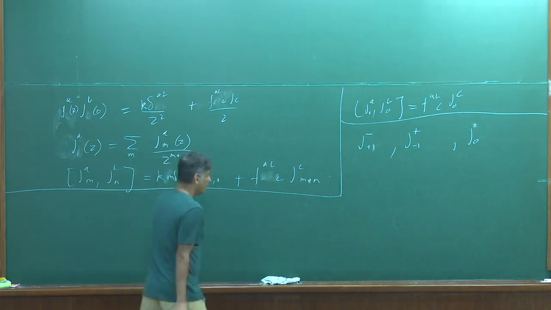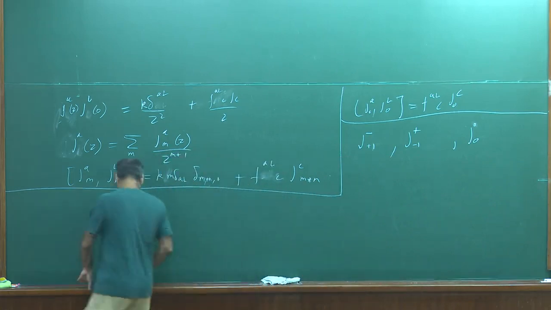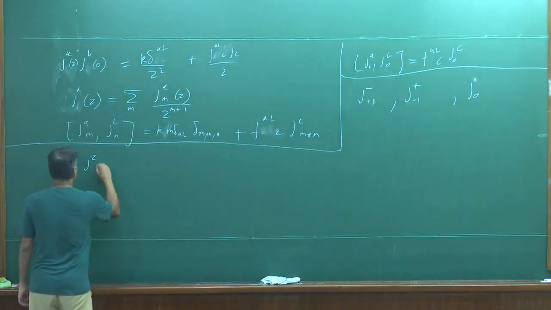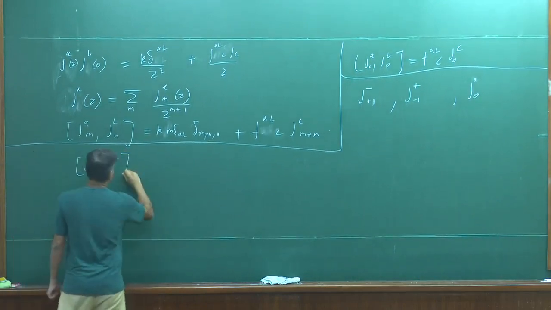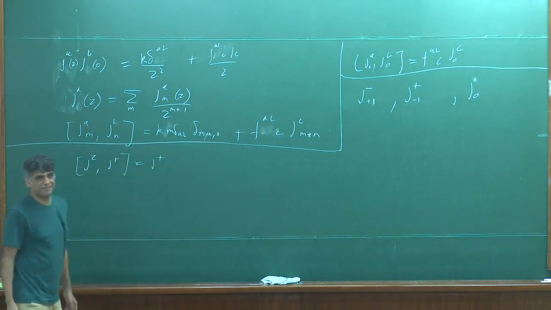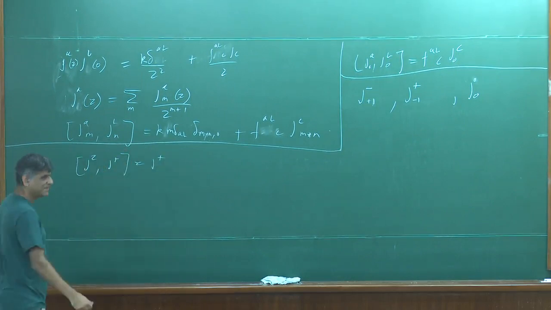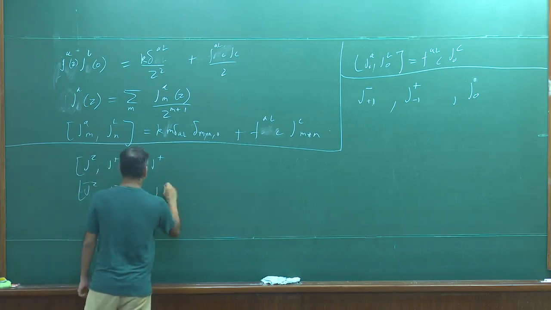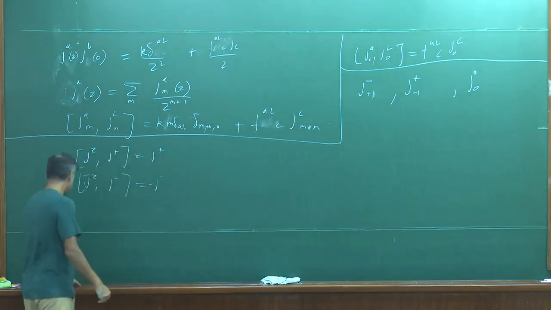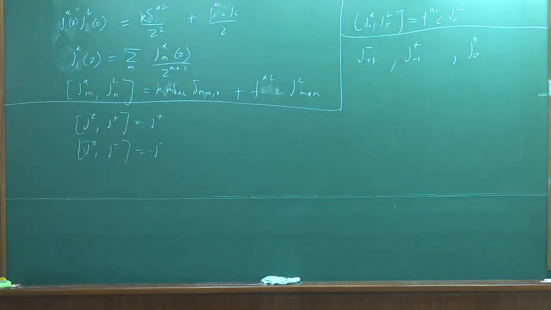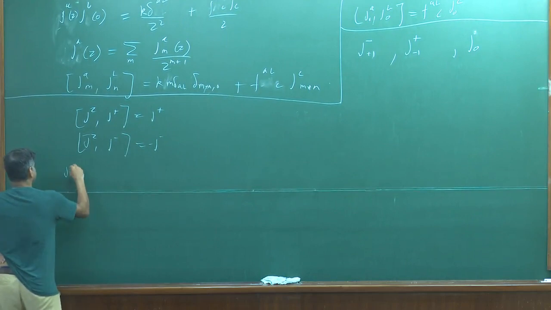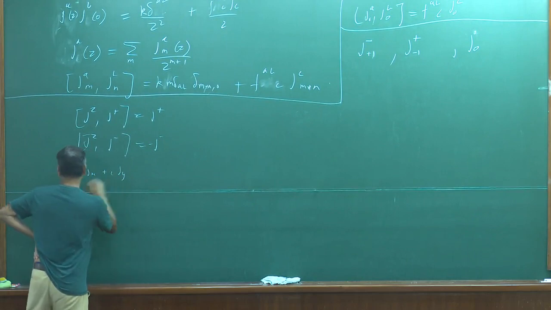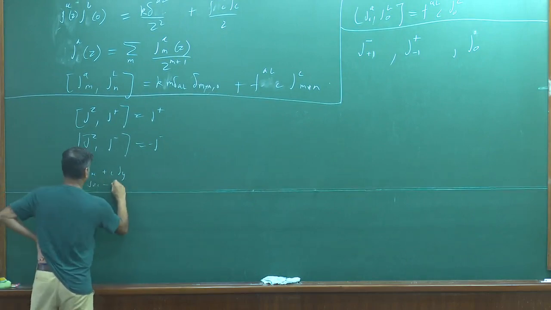Now first let's remind ourselves what the commutation relations of SU(2) are. First, Jz with J plus is equal to J plus. This is the statement that J plus carries charge plus. Jz with J minus is equal to minus J minus. And suppose we have J plus equal to Jx plus i Jy, and J minus equal to Jx minus i Jy.